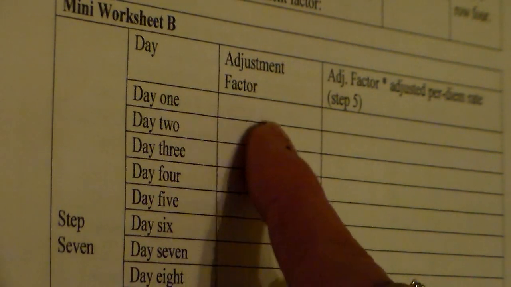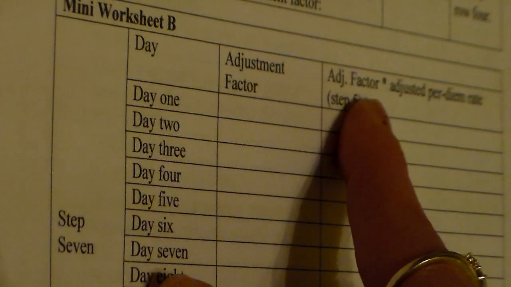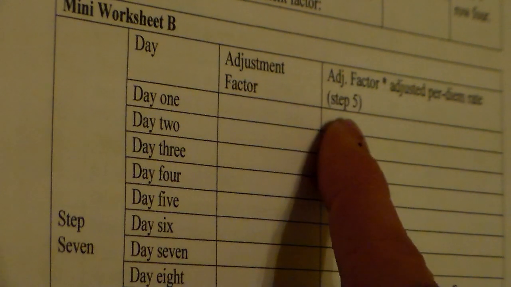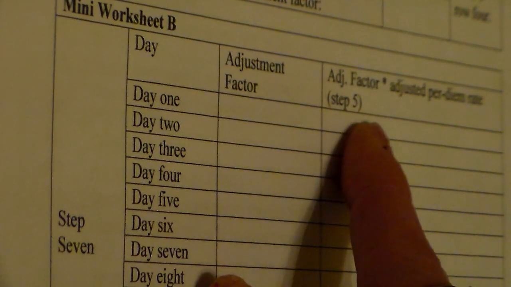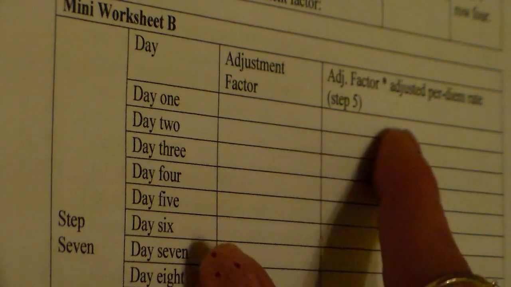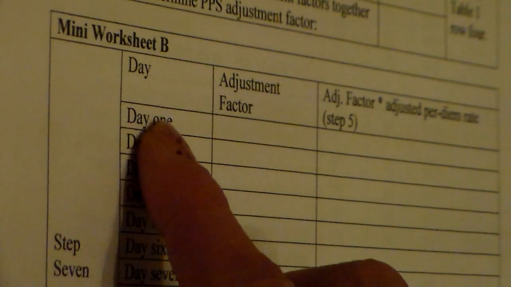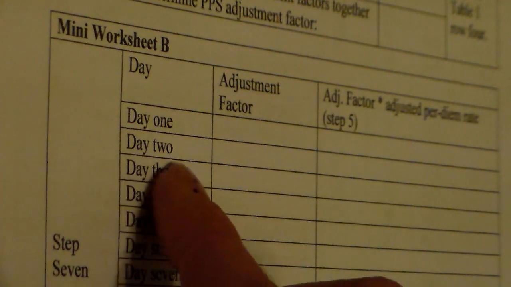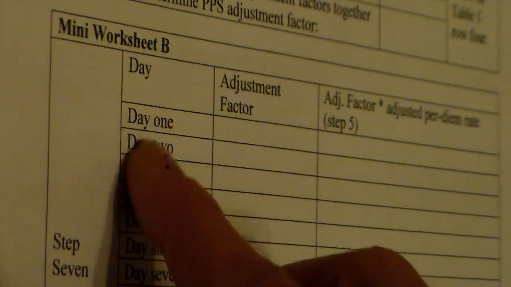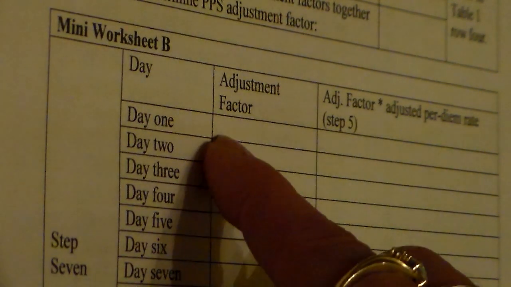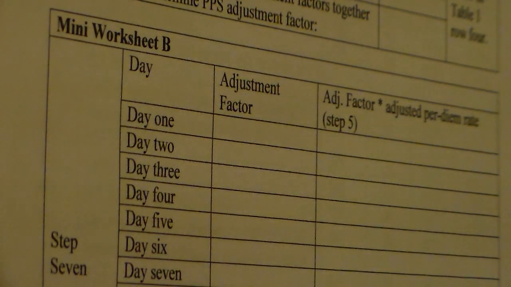So you're going to take that 1.31 adjustment factor and you're going to multiply it by the $888.09 to come up with your day one rate. So that would be your day one rate that the hospital would be reimbursed. You're going to follow this calculation through. You'll see in Table 6.7 you can plug in for day 2, 3, 4, all the way to day 14. That information's given to you right on that table.